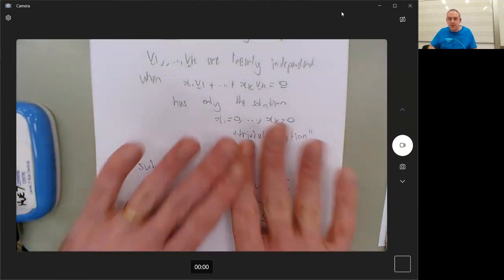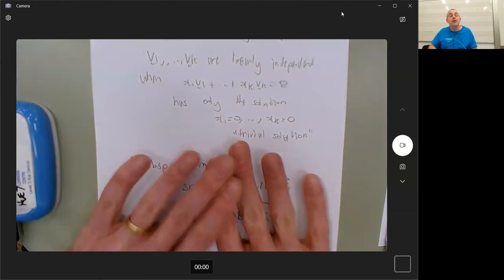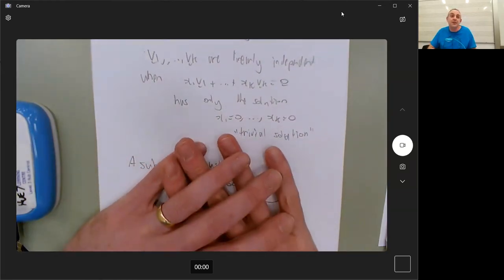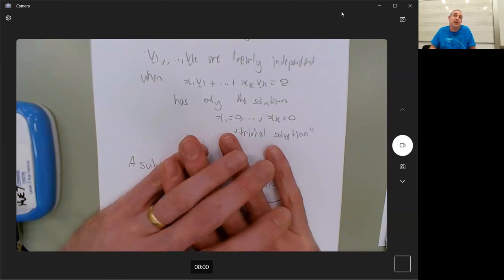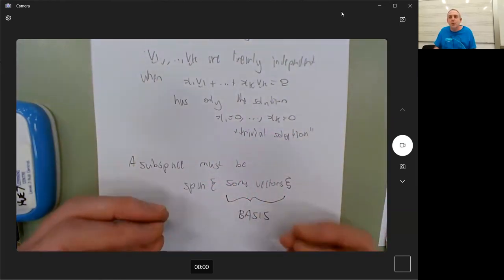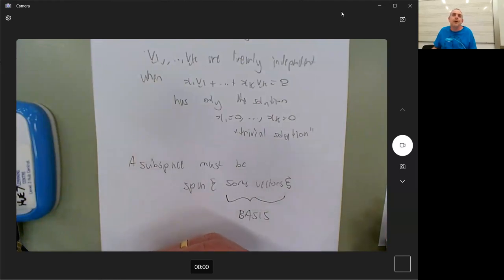I haven't defined what a subspace is, but knowing that they are spans, and spans are self-contained, like if you're in a span and you just do combinations of the things that are already there, you just do more combinations of combinations, and so it's just combinations and you can't escape. You can't escape a span by doing more spanning. And that's what the definition of a subspace is. You can't escape it by doing linear combinations.